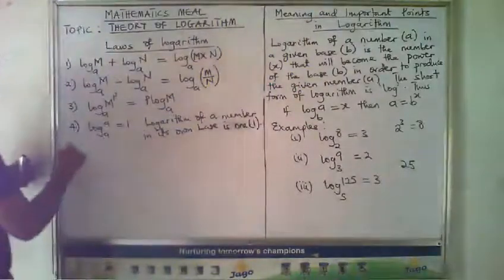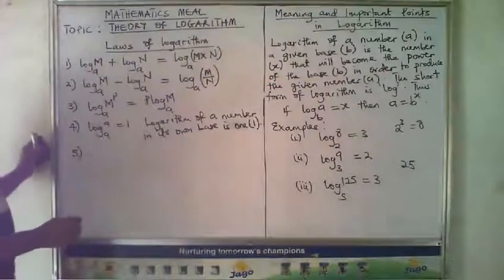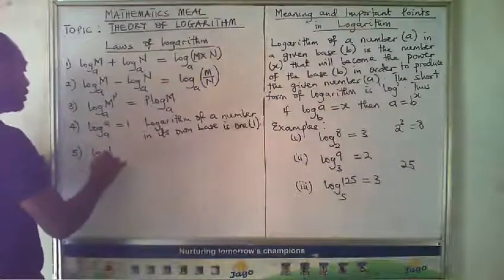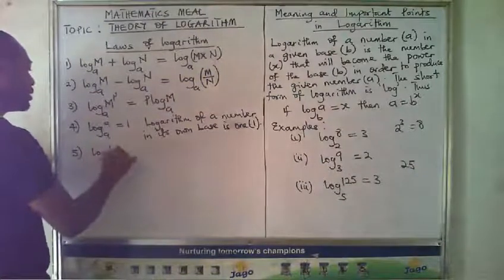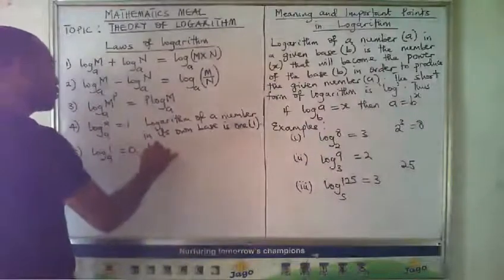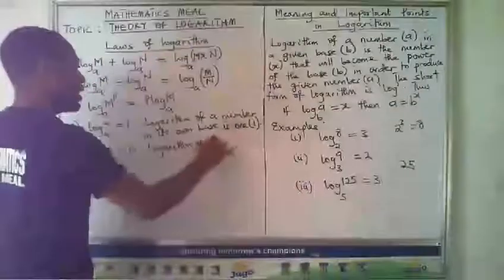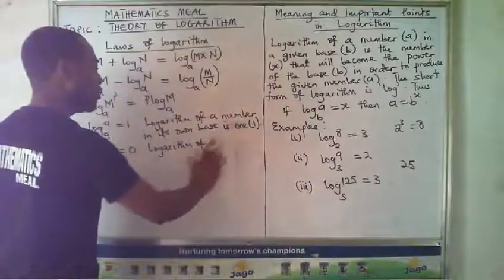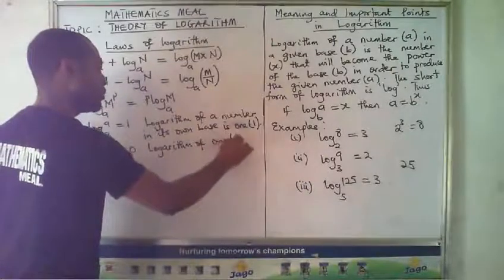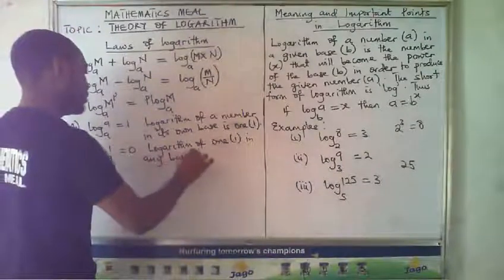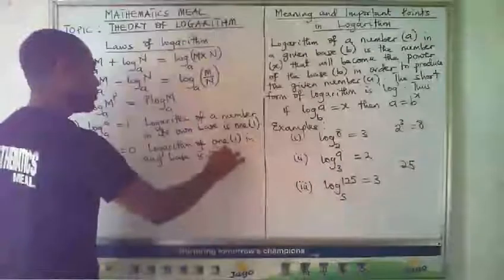Then we have log 1 in base a is equal to 0. That means the logarithm of 1 in any base is 0.